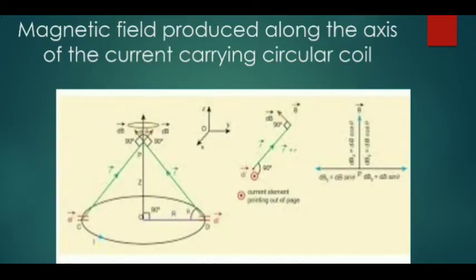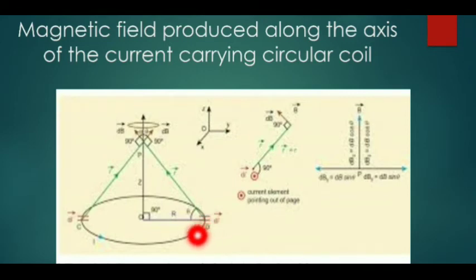Next one. Now I'm going to take a circular coil. The previous case was a straight conductor; now this case is a current carrying circular loop using Biot-Savart law. What is a circular coil? See this, this is one circular coil. In this circular coil I'm taking a small element.